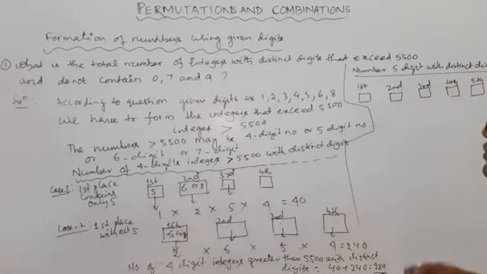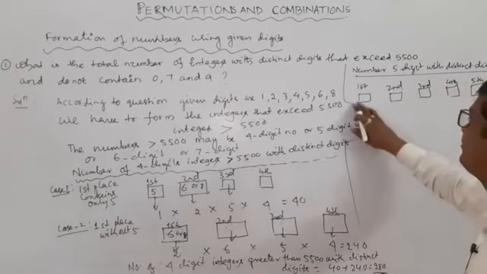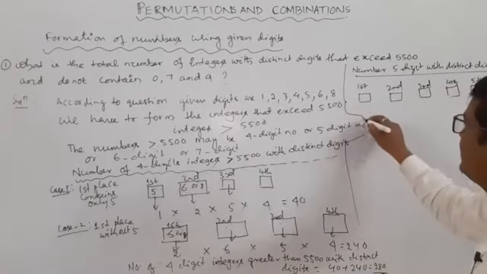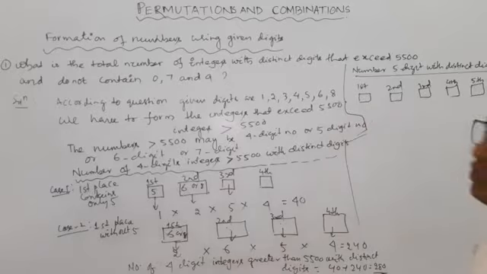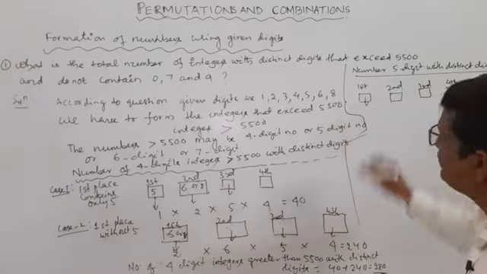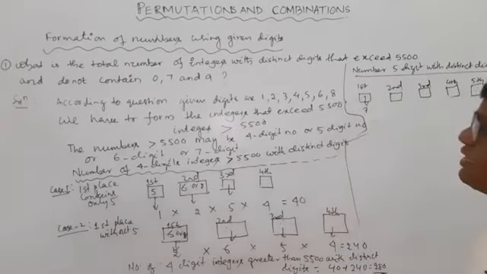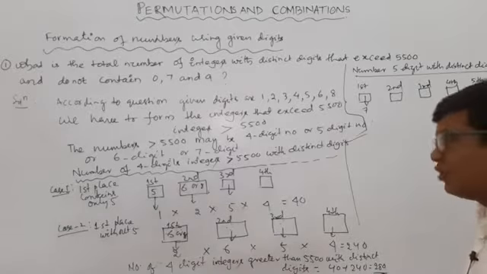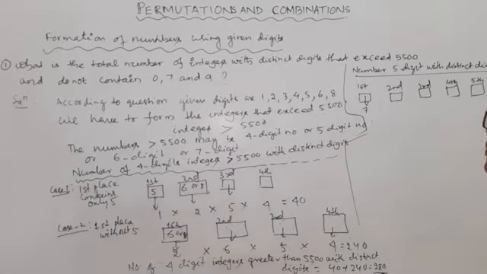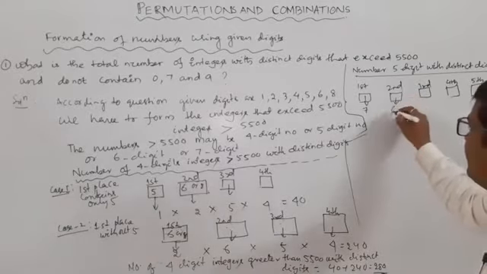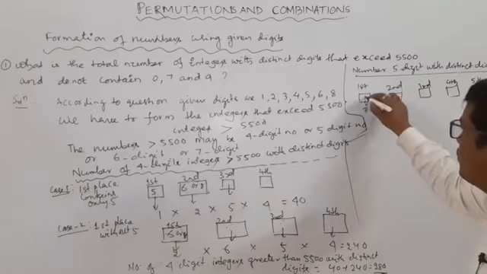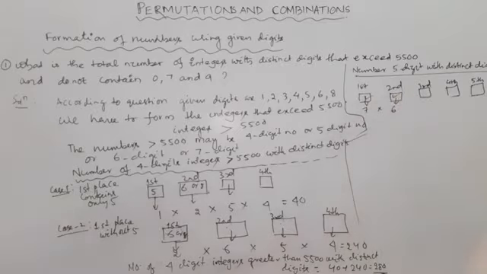There are 7 digits. The first place can be filled in 7 different ways. Since repetition is not allowed, the second place can be filled in 6 ways. So 2 digits are used here.